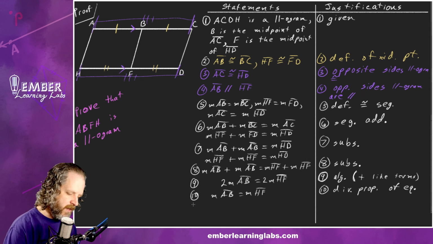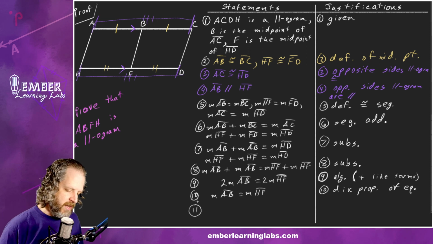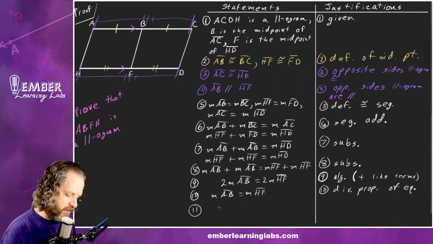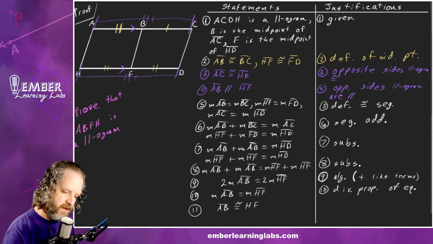Okay. So step 11. Step 11 is going to be, we've got to turn this back into congruent. So AB is congruent to HF. So we've got this now, right?